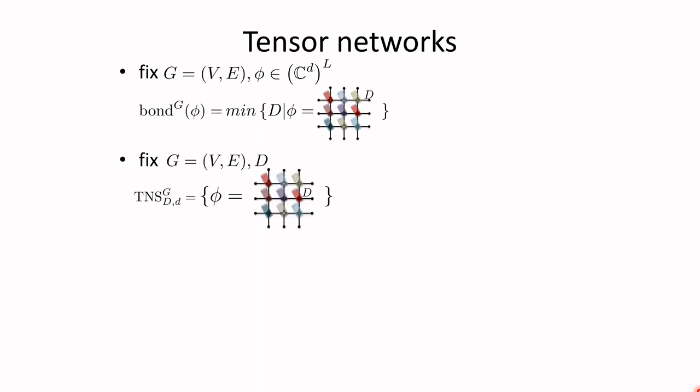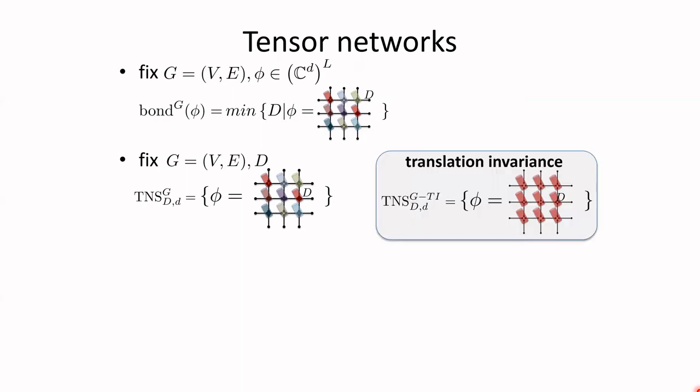We can fix a bond dimension D and then look at the set of all states that have an exact tensor network representation with respect to the underlying network of maximally entangled states, and see how big or large the set is, which kind of states it contains. And then we can enforce additional constraints, for example, translation invariance, where we require that the local map that we apply is the same everywhere.